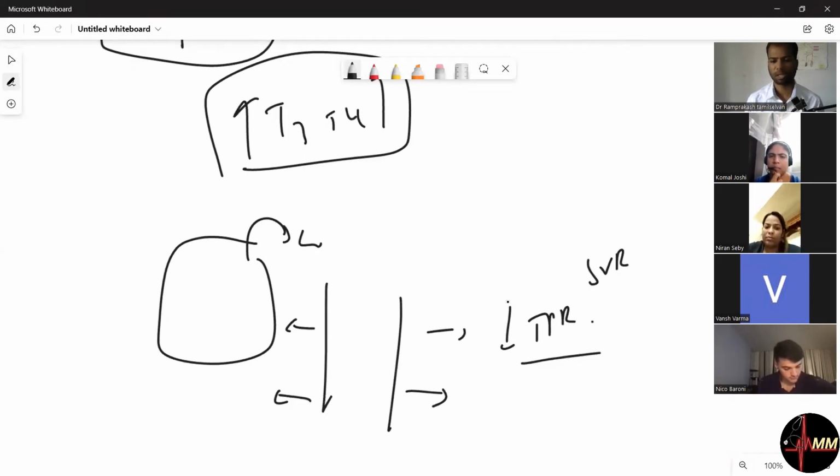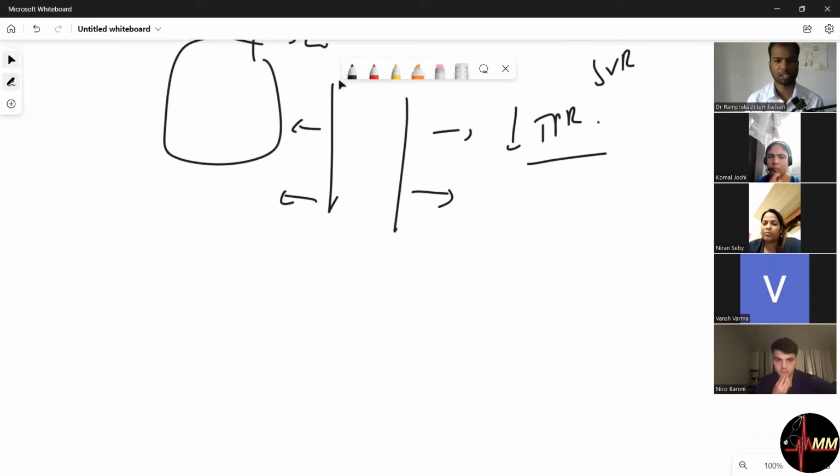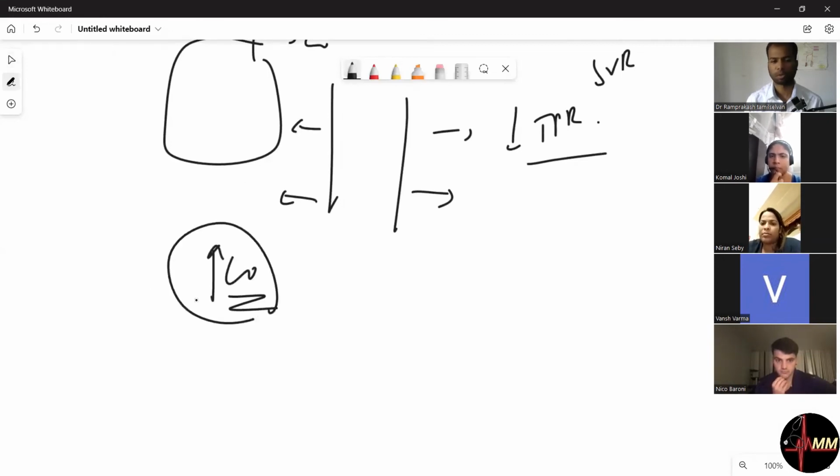Why is it decreasing? Because this T3, T4 increases the basal metabolic rate of the cells. That's why it's bringing more blood to the cells. Fine. And because of this vasodilation, there is increase in cardiac output. So decrease in TPR, increase in cardiac output.